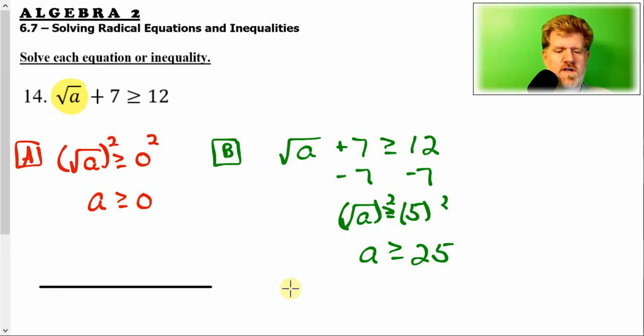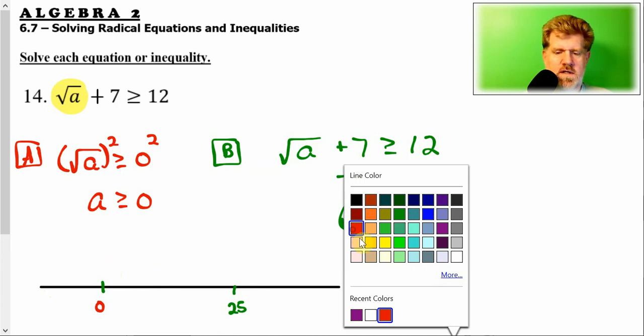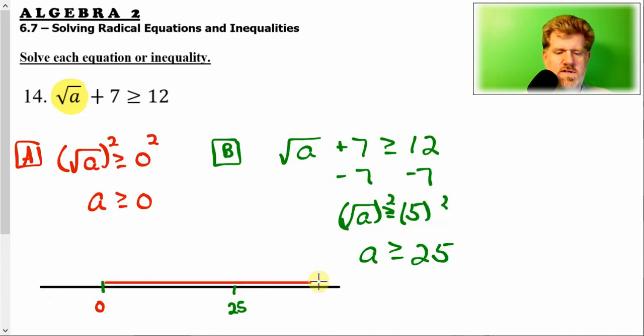We're going to throw this on a number line. And I'm going to put both our answers, 25 and 0. When we had 0, what we knew was that it had to go in this direction, and a nice little dot there because it's equal to.